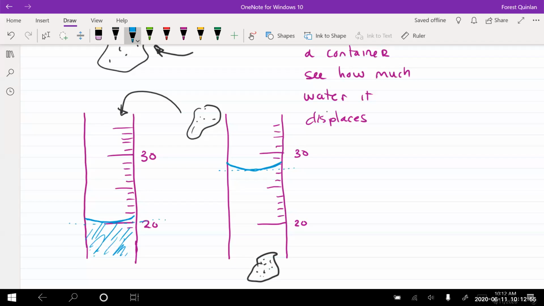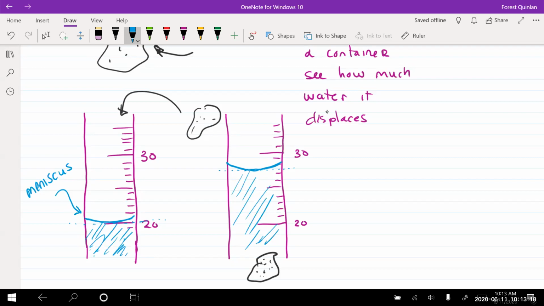Now, what I have drawn here, let me get the rest of my water in here so you can see. What I've drawn here, by the way, you see that little curve of the water, that curvature? That's what we call a meniscus. And you'll see that when you do the lab module.